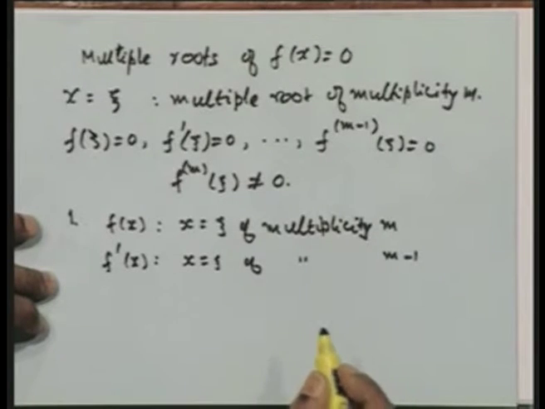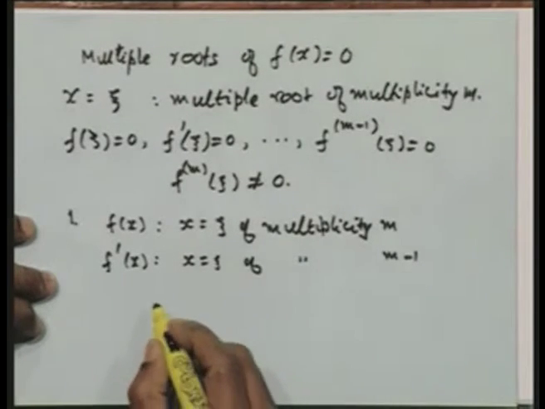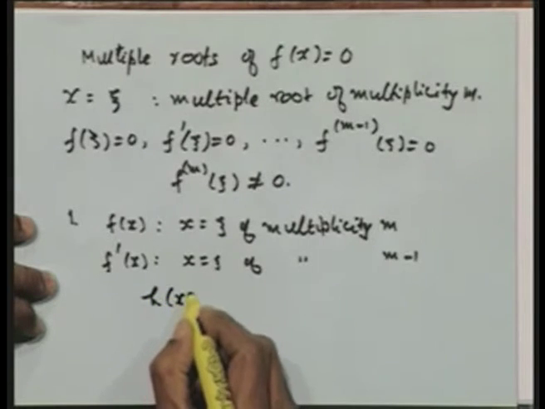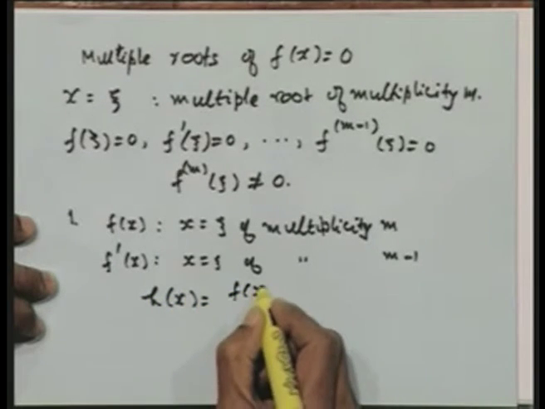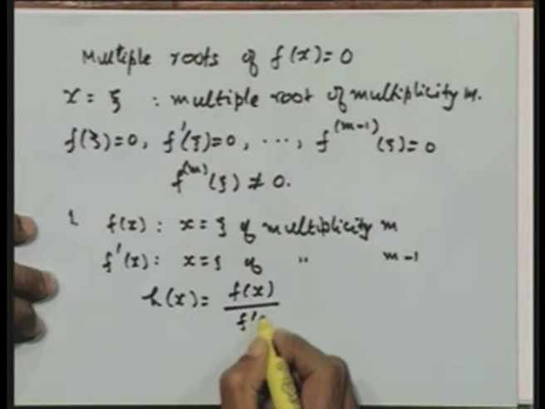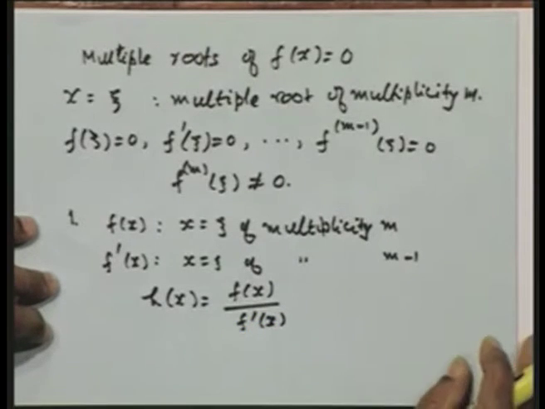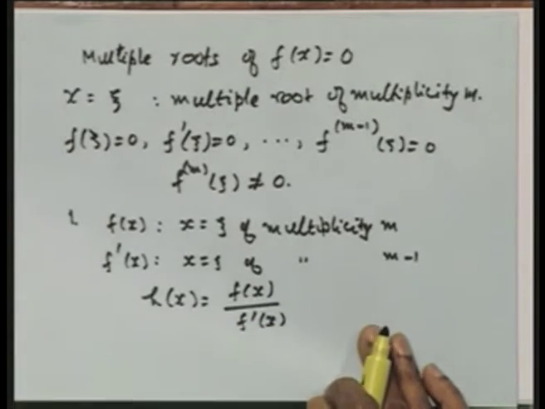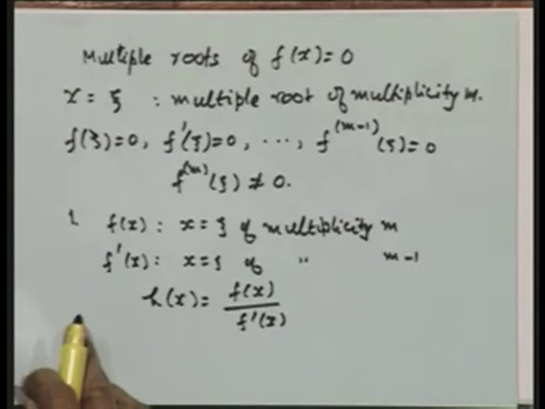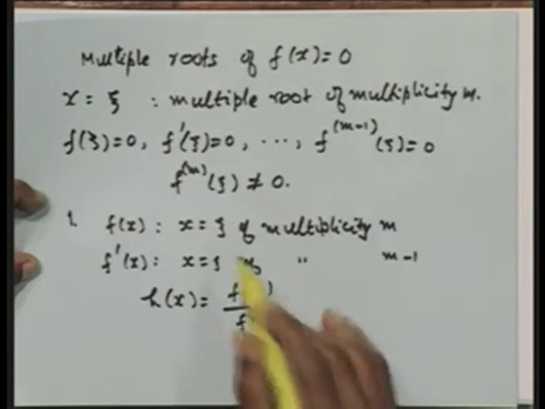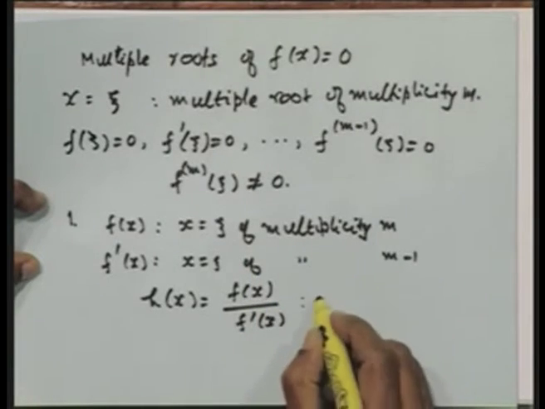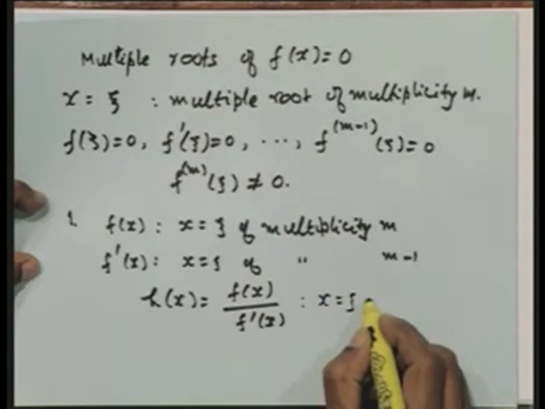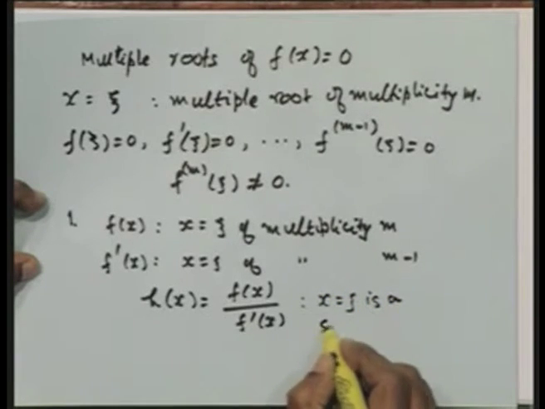Therefore, we would like to consider a function which is the ratio of these two and define h(x) as f(x) upon f'(x). Then this new function h(x) has a simple root at x = xi.